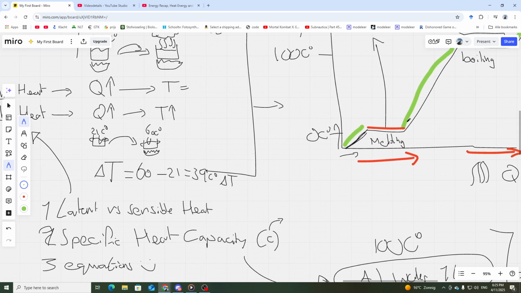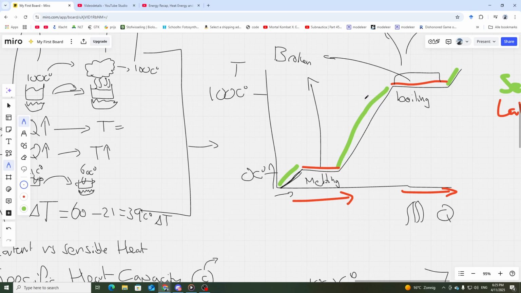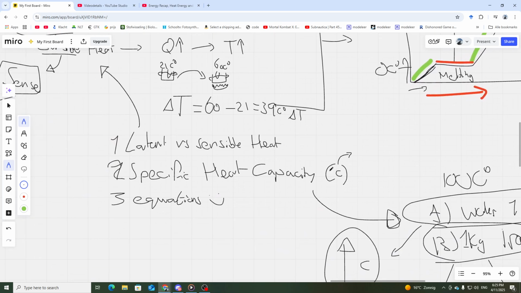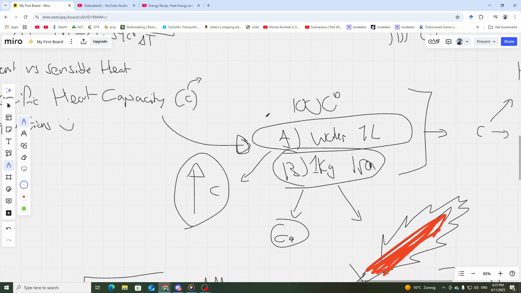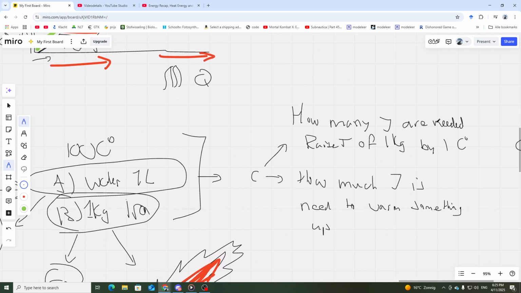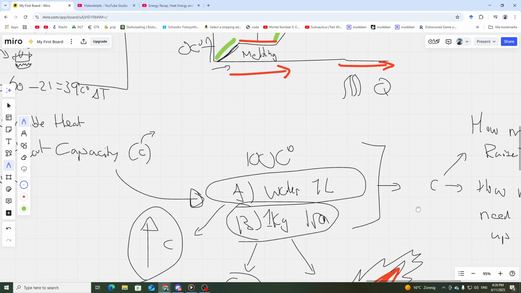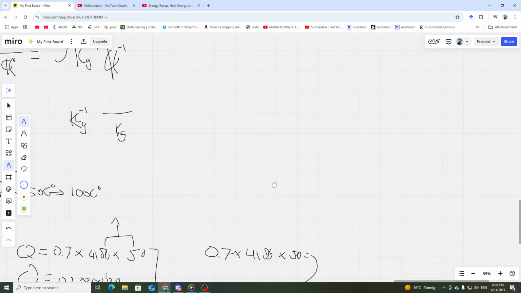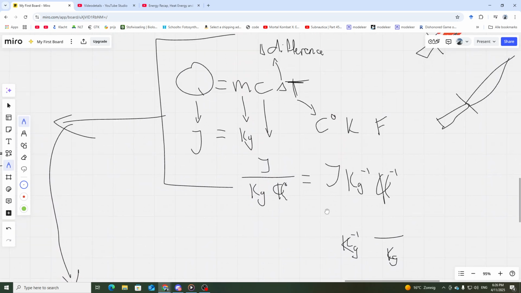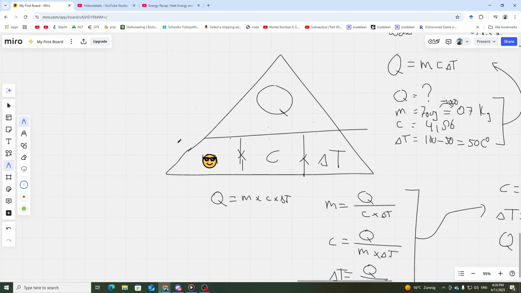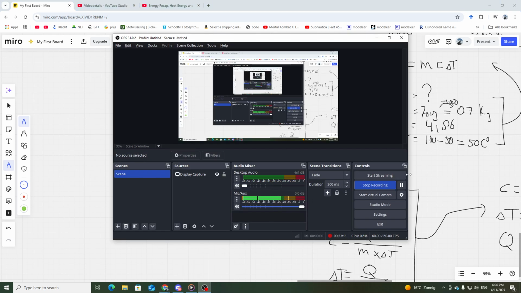For example, if water goes from 20 degrees to 100 degrees, I can feel that temperature change. Specific heat capacity talks about how many joules of energy are needed to raise the temperature of my material. And here are some calculation examples. Q is M times C times delta T, with our beautiful triangle. All right, that was lesson 2. Thank you.